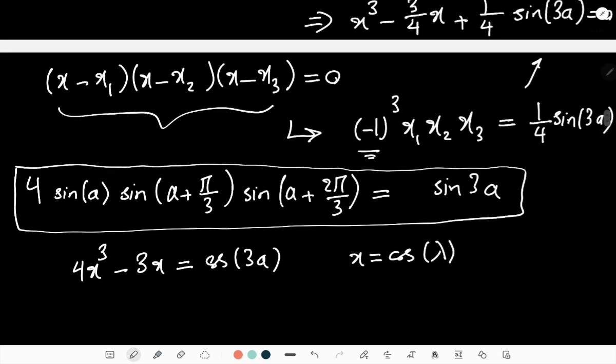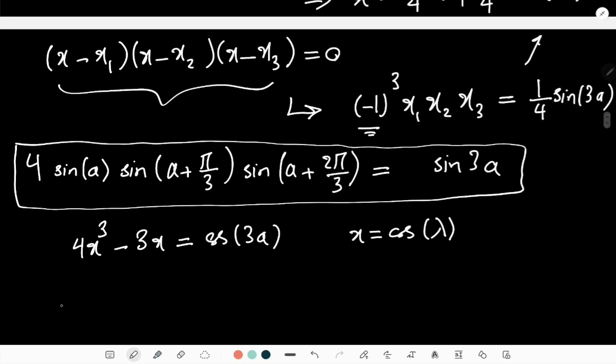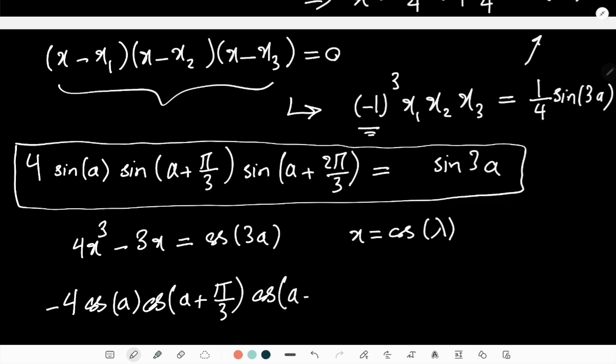And interestingly, you will find out actually you have this formula: minus 4 cosine of a times cosine of a plus pi over 3, okay, times cosine of a plus 2 pi over 3. This is equal to cosine of 3a.